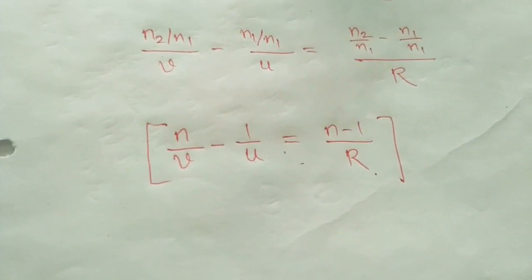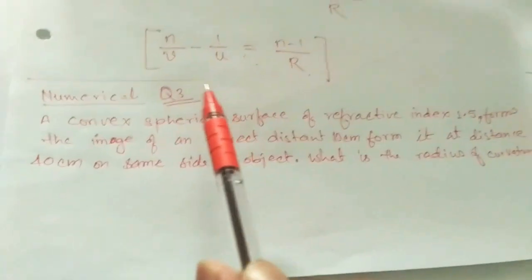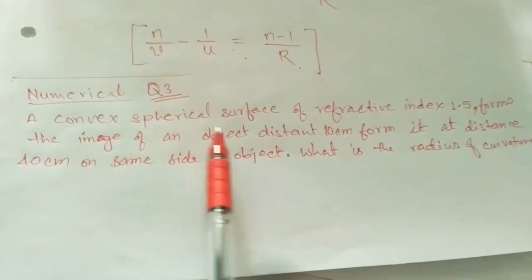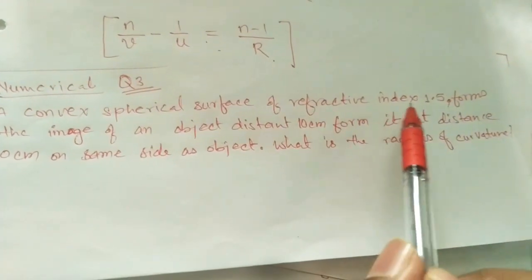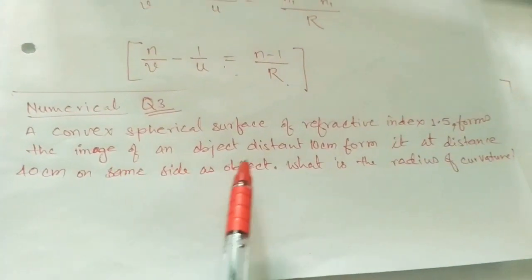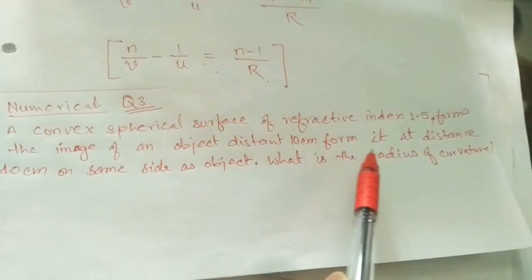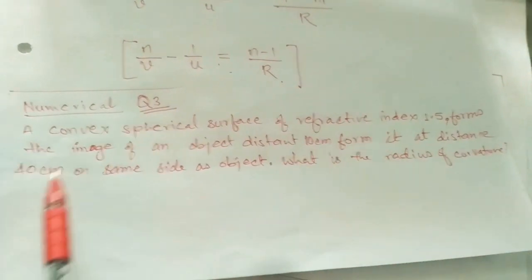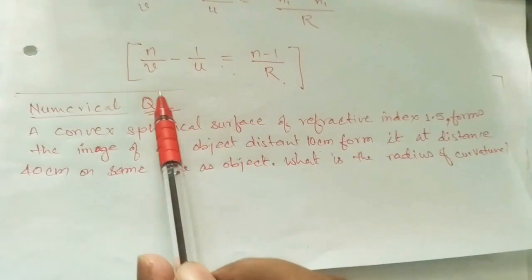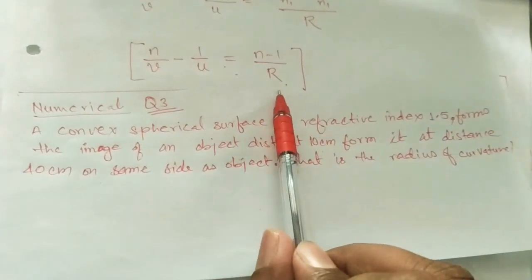Now let's move to the numerical on this topic, one question based on this equation. A convex spherical surface of refractive index 1.5, meaning the value of n, forms the image of an object at a distance of 10 centimeter, meaning the value of u, and forms it at a distance of 40 centimeter, meaning the value of v. What is the radius of curvature? The question is, what is R?